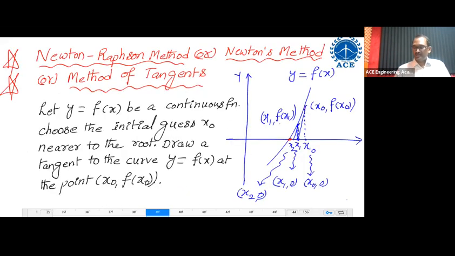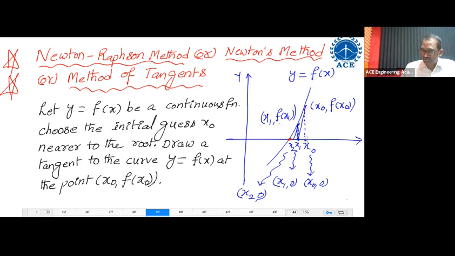Moreover, look here. The Newton-Raphson method converges only when the initial approximation is very, very near to the root. Suppose this initial approximation is very, very far from the root. Root means curve crossing x-axis. If the initial approximation is far from the root, at this point, if you go up or go down, you cannot reach the curve. If you cannot reach the curve, how can you draw a tangent?